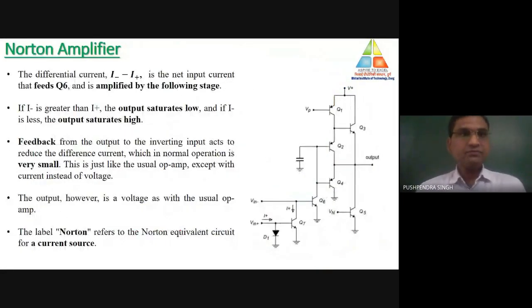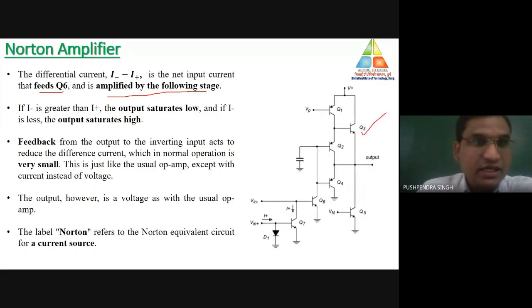Now this I minus, I plus is fed to Q6, as I told you, then amplified by the following stages. One more important thing related to the current is that the value of current is the difference of the current, I minus minus I plus.